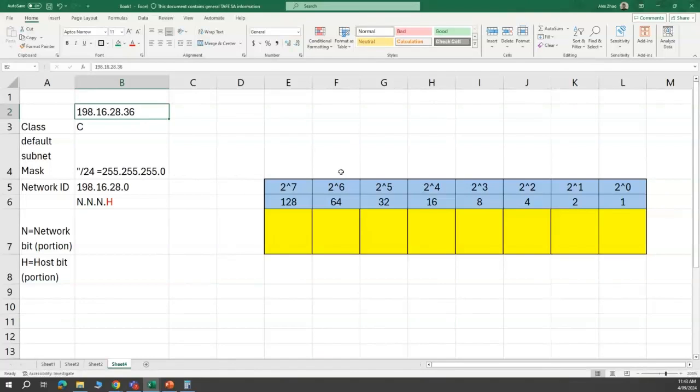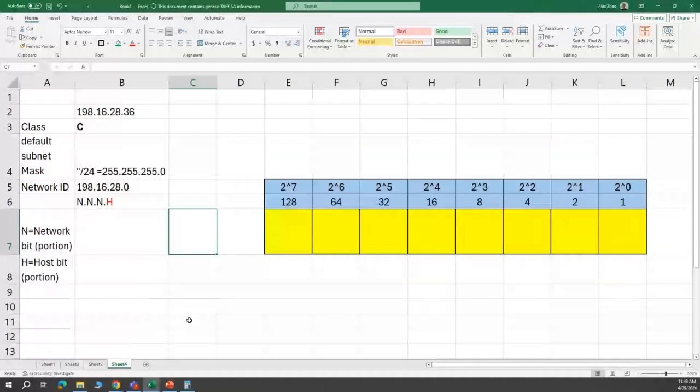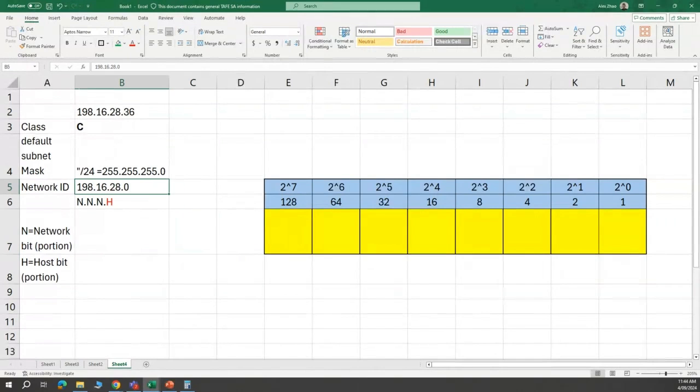That's fine. So can anyone tell me how many hosts I can have on a Class C network? Is it only 256? 254. Okay, so don't forget, there's a network ID, which is .0.